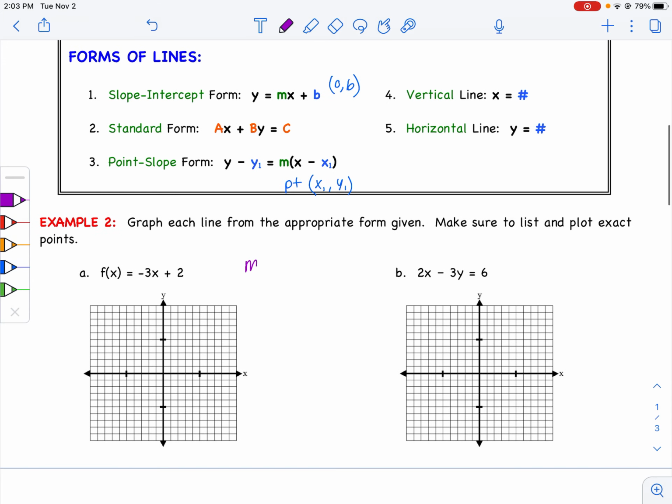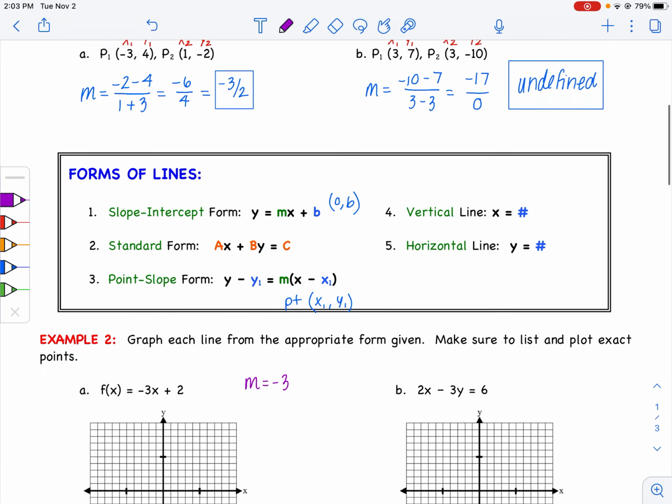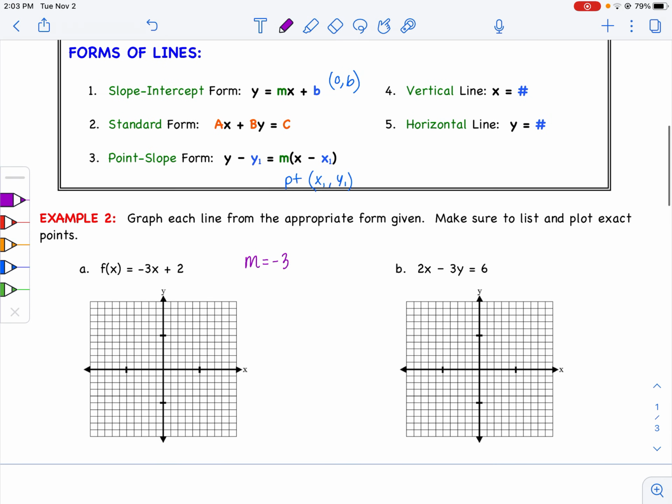That means my slope is -3 and my starting point is 0, 2. So I go up to 0, 2 and a slope of -3, so down 3 over 1. Down 3 over 1. You can keep the pattern going on the other side. Up 3 over 1. Up 3 over 1. This would be that line.